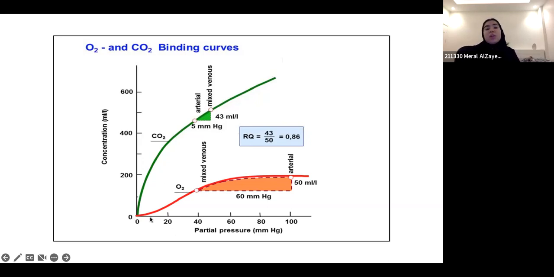However, in the partial pressure of oxygen dissociation curve, the change of partial pressure will be 60. Does that make sense? What's RQ? RQ is just the ratio. You don't need to know RQ.